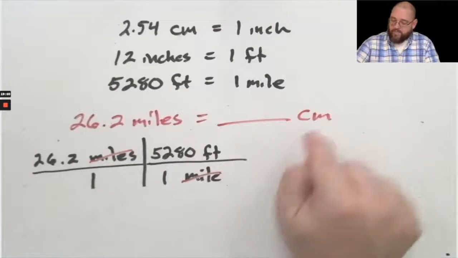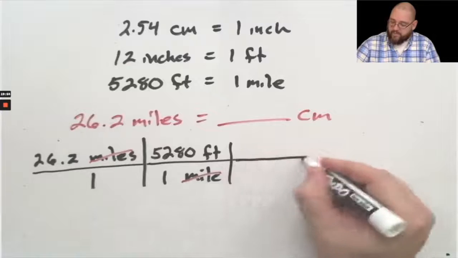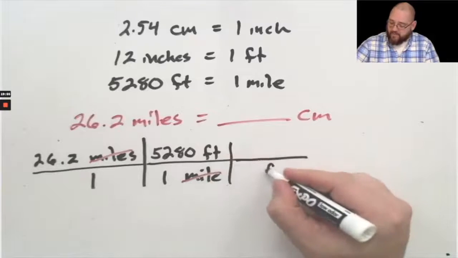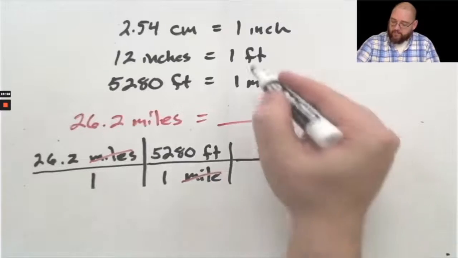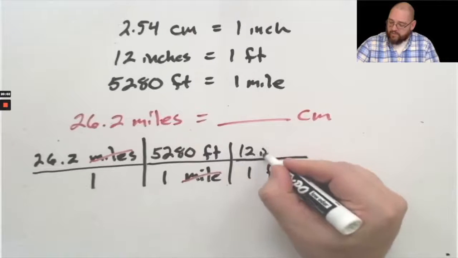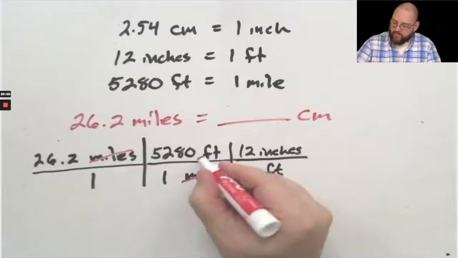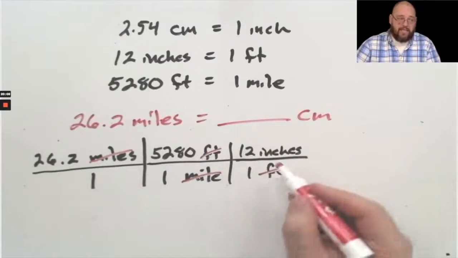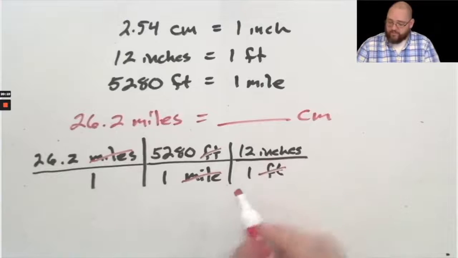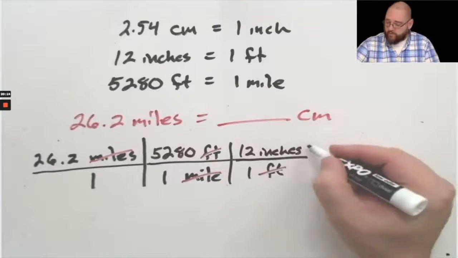Well, I don't want feet, I want centimeters. So we need to keep going. And if I have feet on the top, I need feet to be down here. And my conversion factors tell me that 1 foot is equal to 12 inches. So my feet are going to cancel out, and I'm going to be left with inches. But inches is not what I want. Centimeters is what I want, so I have to keep going.